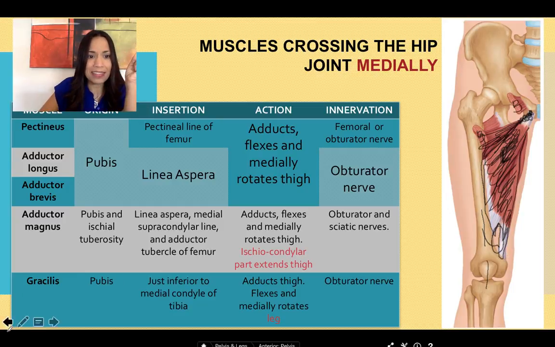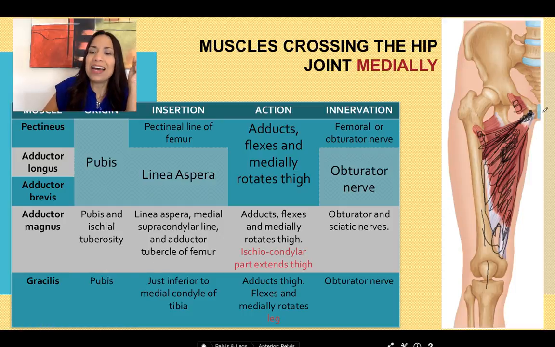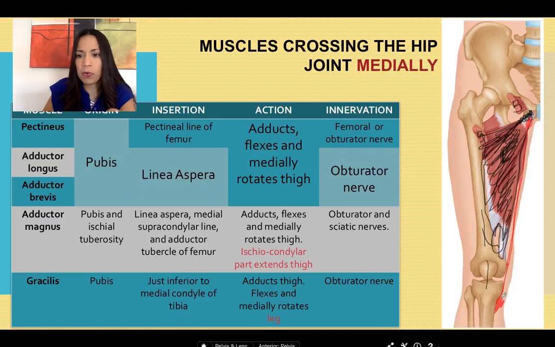And last but not least, and it's not shown in there, we have another muscle that also originates here in the pubic bone, and this one spans the hip joint and the knee joint as well, and it has almost the same insertion as the sartorius on the medial posterior side of the tibia, right below the medial condyle of the tibia.